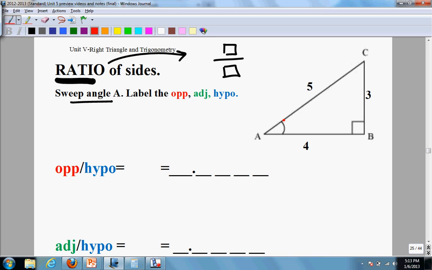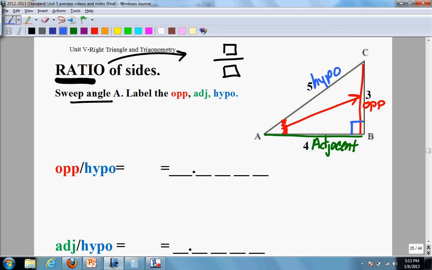If that's angle A, that means 3 is our opposite. And that means 4 here is our adjacent side. And then we have here our right angle, so that makes 5 our hypo.